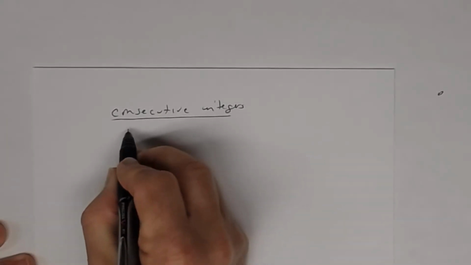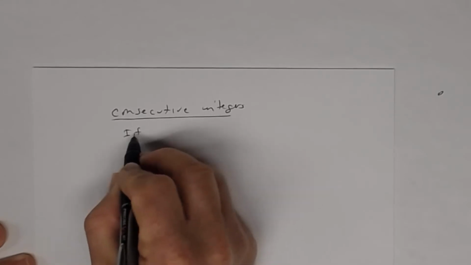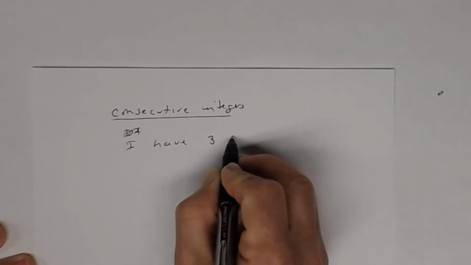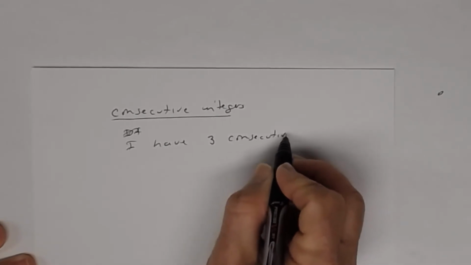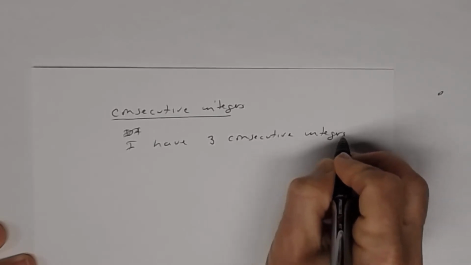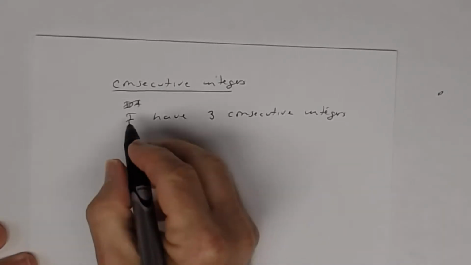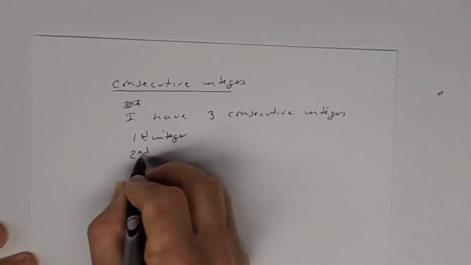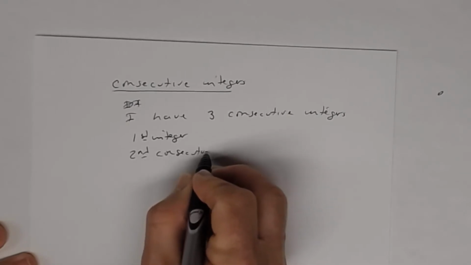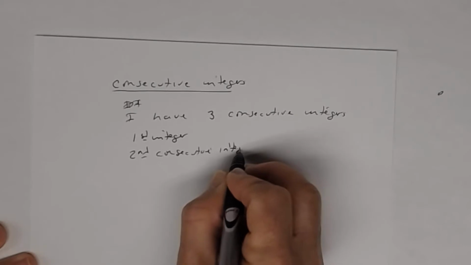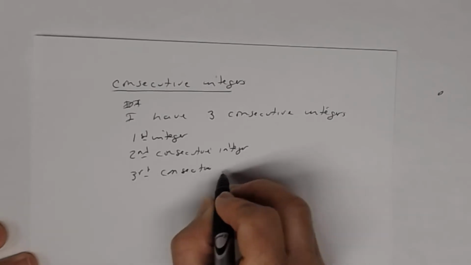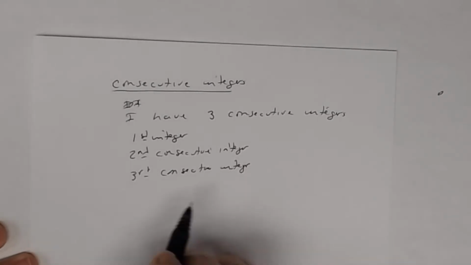Okay, suppose I tell you I have 3 consecutive integers. All right, so I'm going to name them: first integer, second consecutive integer, and third consecutive integer.